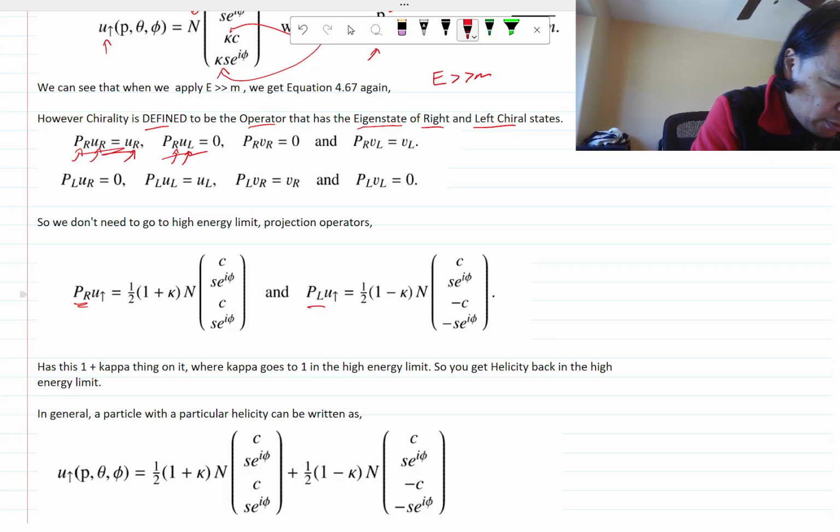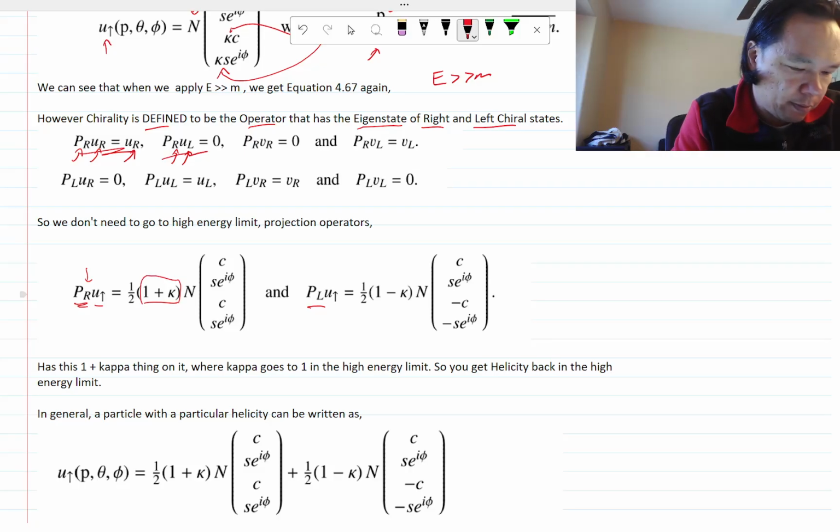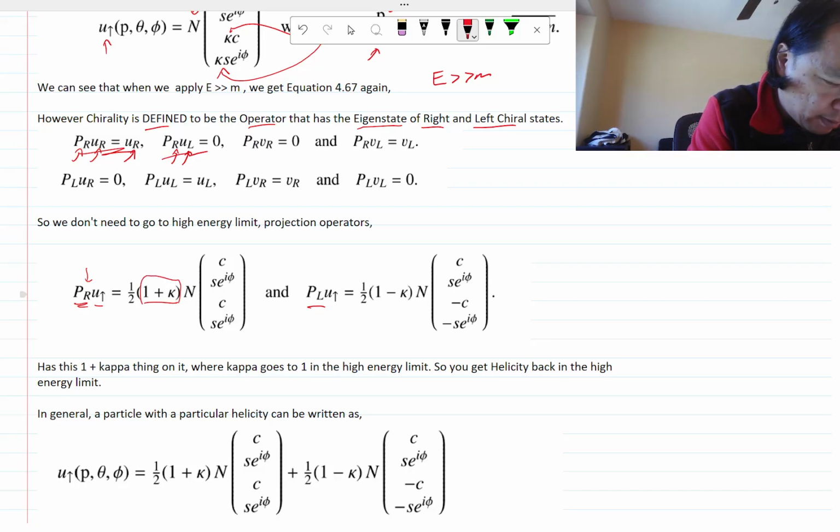Okay, where the chiral projection operator, if we act this onto the up helicity eigenstate, we're going to get this factor of 1 plus kappa in the front. Okay, and that's because of this gamma 5 part.